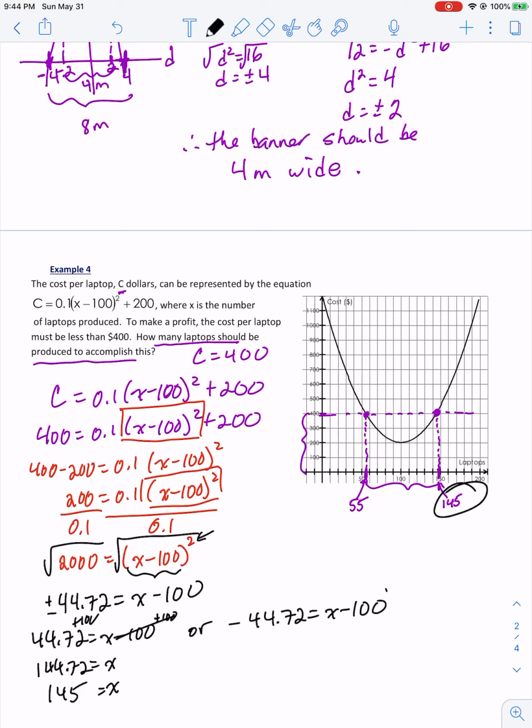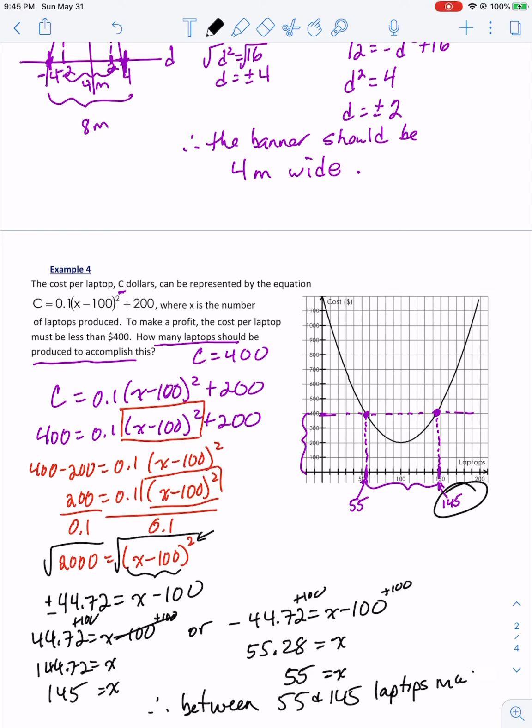And for this one, add 100 to both sides again, and x is going to be 55.28, and that rounds to about 55. So we need between 55 and 145 laptops must be produced.